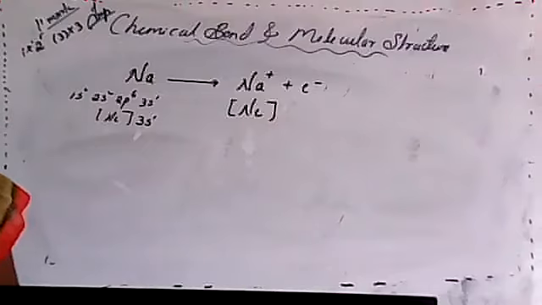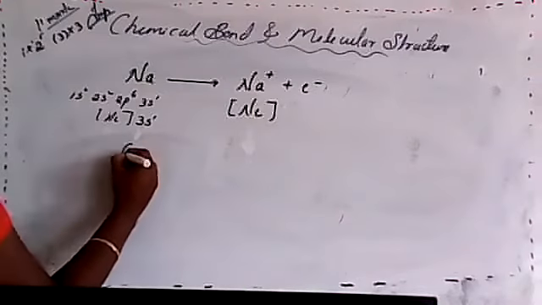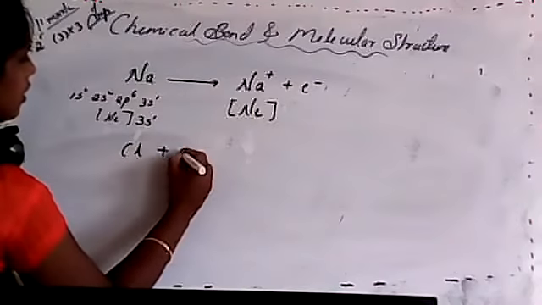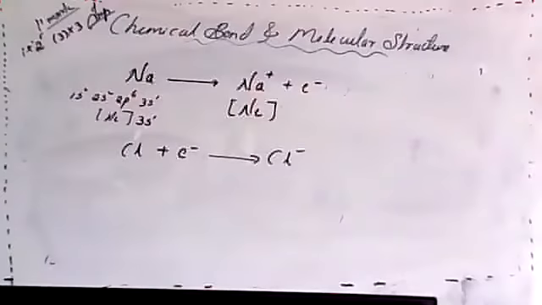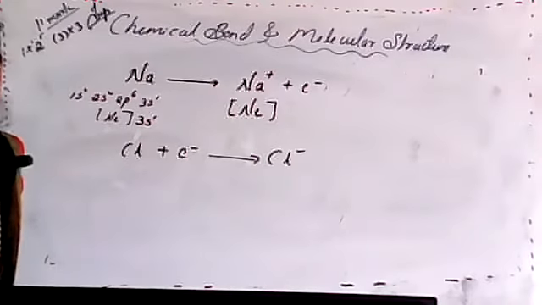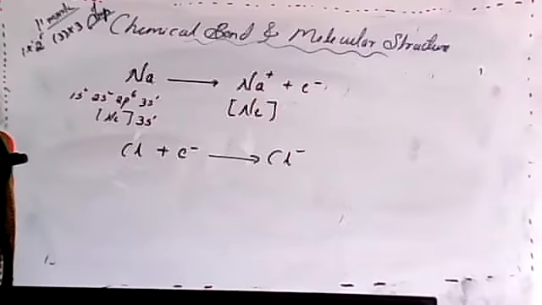So now again I'll consider Cl or Cl minus. Cl will gain one electron and it forms Cl minus, isn't it? So what is the atomic number of Cl?